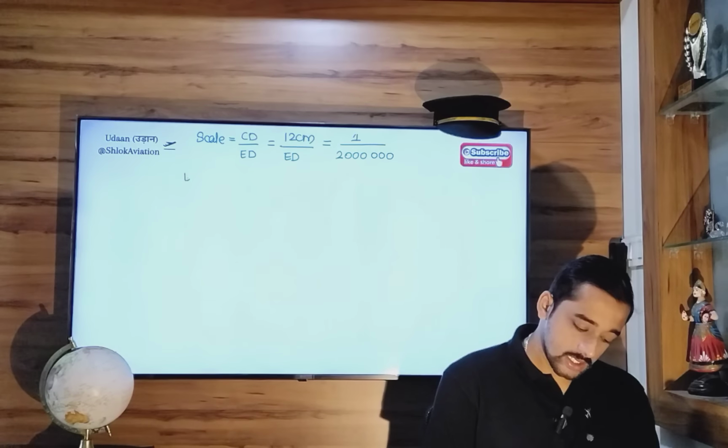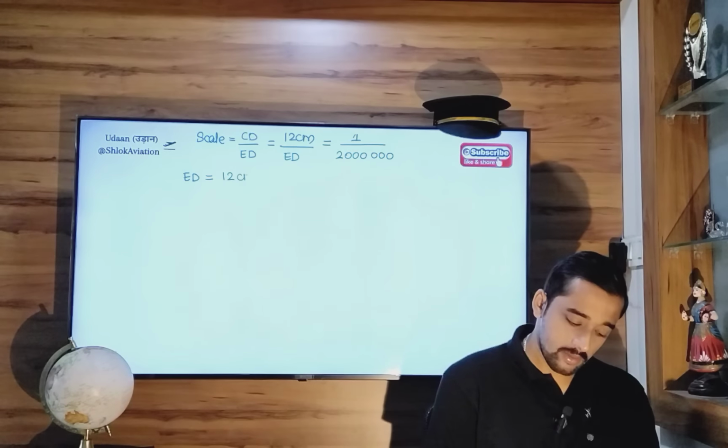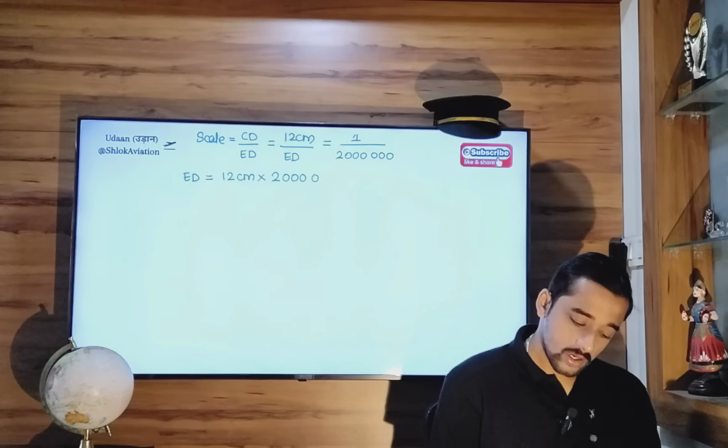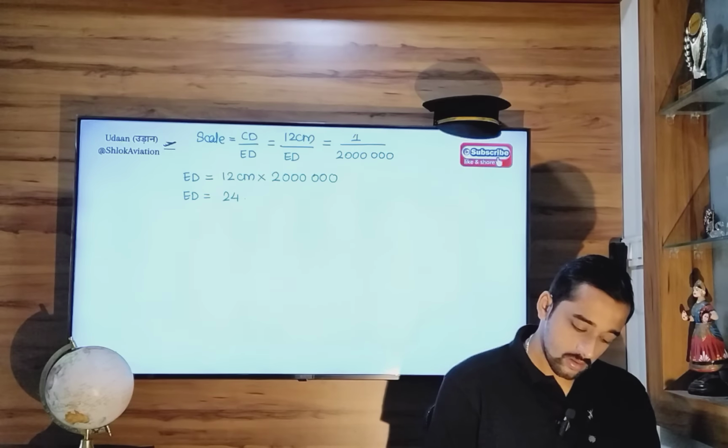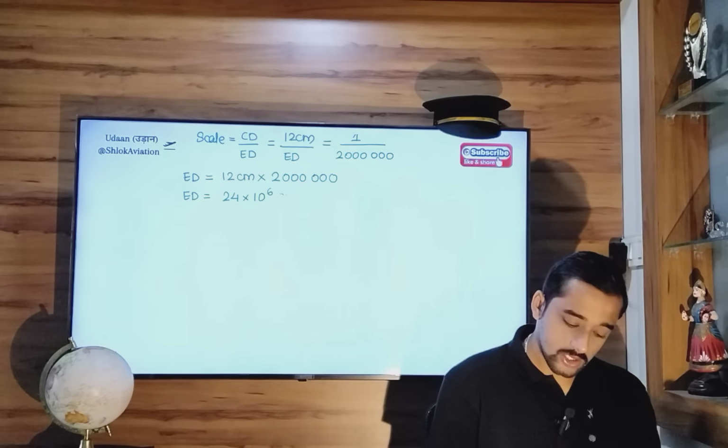So Earth distance will be equal to 12 centimeter into 20 lakhs. So Earth distance will be 24 into 10 raised to 6 centimeter.